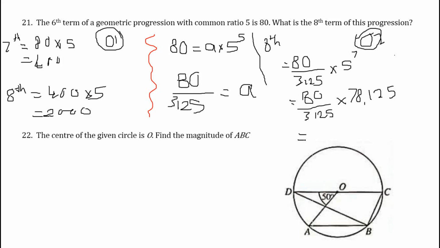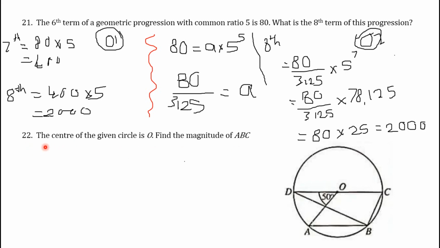So when you simplify that, you get 25. So you get the answer 2000. But this is a bit complex method because there are 5 to the power 7, 5 to the power 5. There are huge values. So using the first method is easier because the second method takes you a lot of time. So with that, let's move on to the next question.